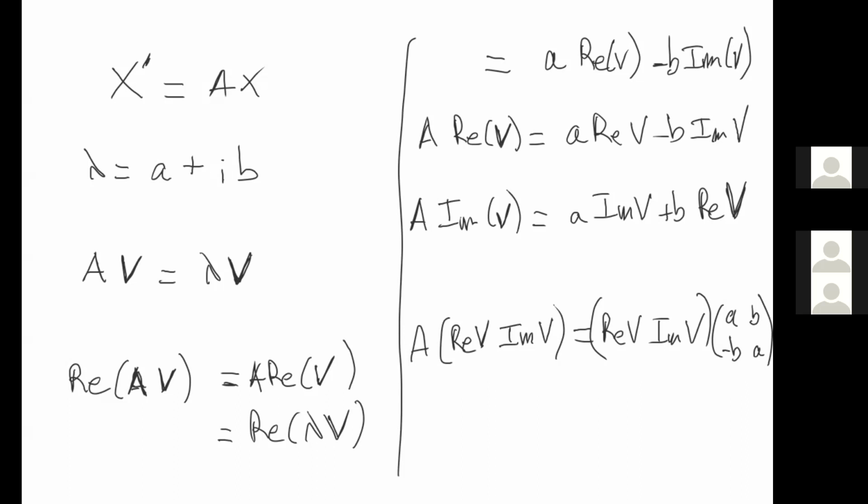Because when you do this matrix computation, A times this vector will be equal to the first column of this computation here. You can do the matrix product by yourself, and it corresponds to this equality.